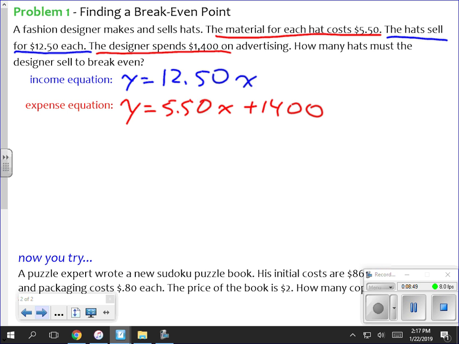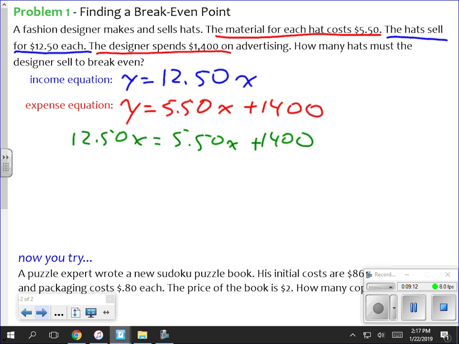Now I have to solve this to figure out how many hats I need to sell to break even. This is actually a really good equation to work with because I can do substitution. Y equals 12.50x, take that 12.50, put it into the second equation for Y. 12.50x equals 5.50x plus 1400.